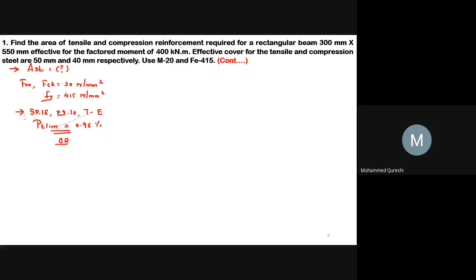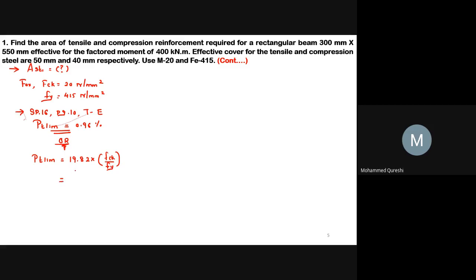or you may use the equation PT limit equals to 19.82 into FCK by Fy. We had seen this equation in our introduction portion.